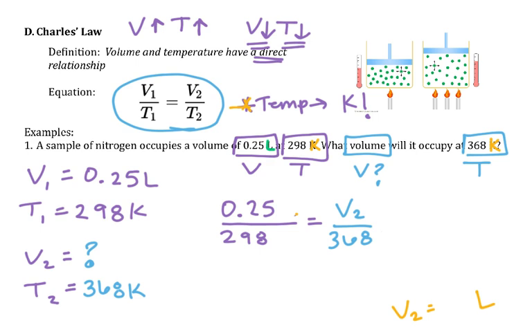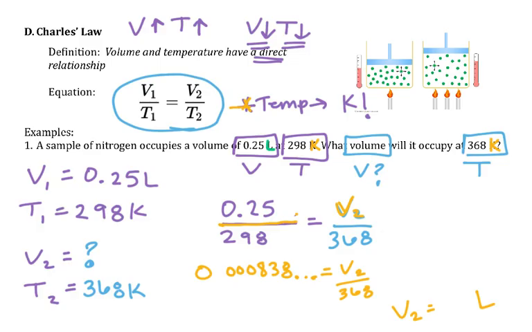And now as we look at this math, volume 2 is in the top. And so we can just figure out what this value is, 0.25 divided by 298. And I got a really small number there, 0.000838, and then that's going to continue on. I'm going to just leave it in my calculator, and V2 over 368 equals that.